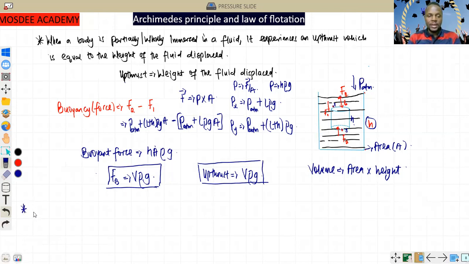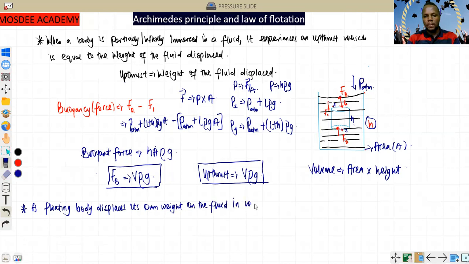Let's quickly state that the law of flotation states that a floating body displaces its own weight of the fluid in which it floats.